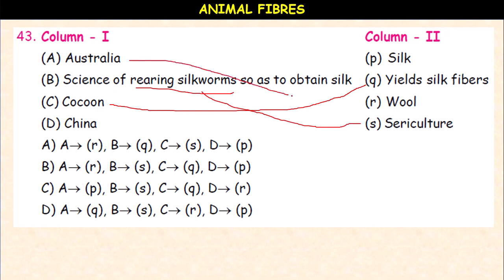Cocoon yields silk fiber. Australia is famous for wool. China is famous for its silk. So A-R, B-S, then C-Q, and D-P. Option B is correct.